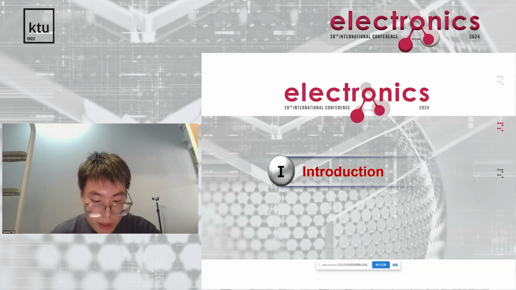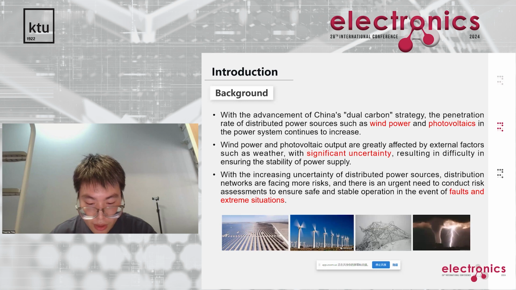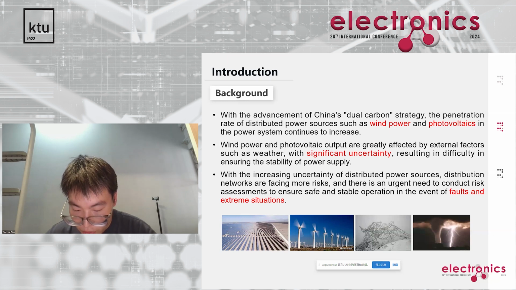Part 1, introduction. Background: with the advancement of China's dual carbon strategy, the penetration rate of distributed power sources such as wind power and photovoltaics in the power system continues to increase.